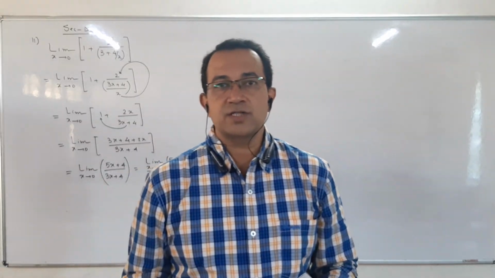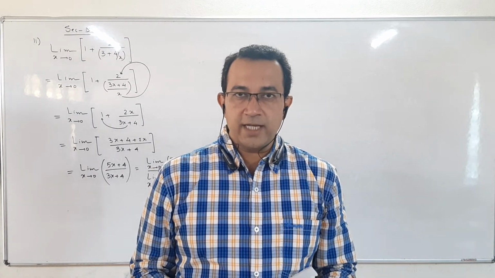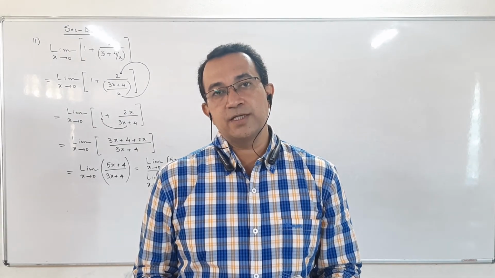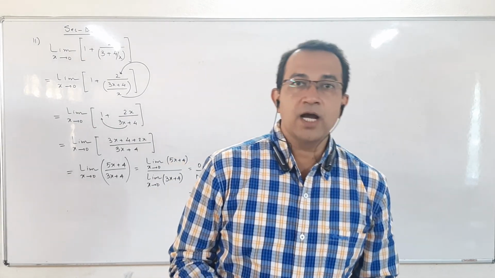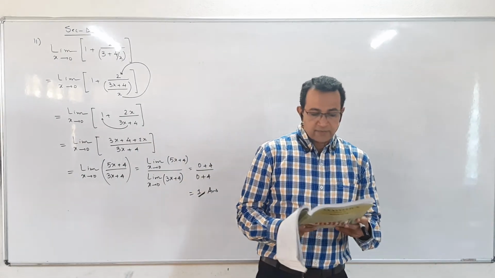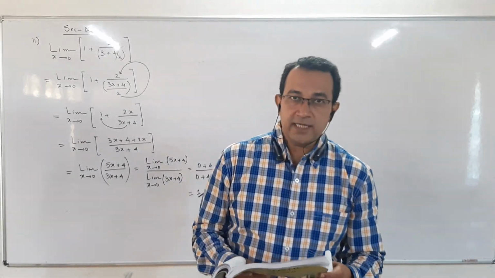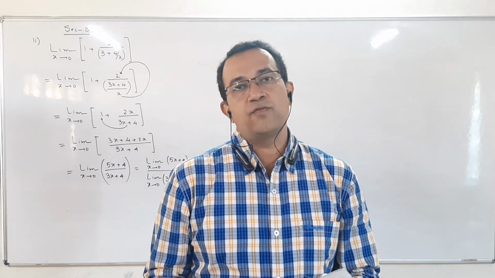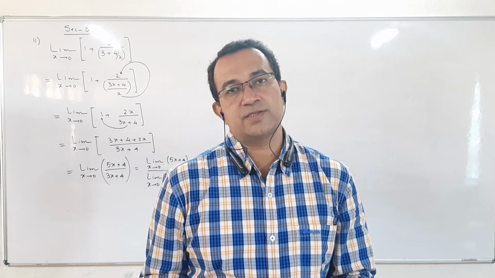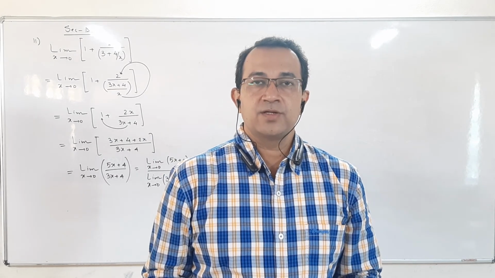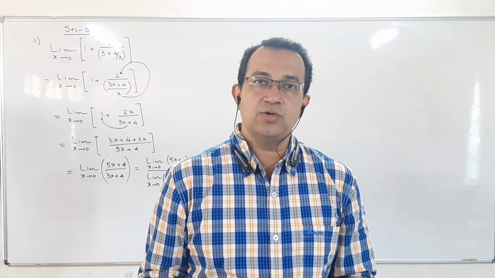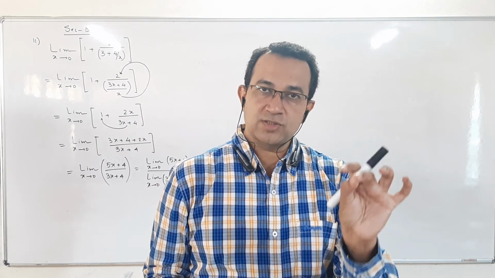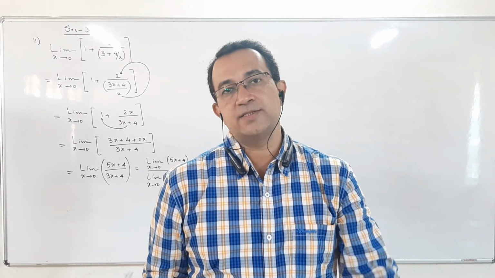The limit of the function f(x) tends to L as x tends to a if for a given predetermined epsilon greater than 0, however small, we can find a positive number delta such that mod f(x) minus L is less than epsilon for all x such that mod x minus a is less than delta. Students, if you don't understand, don't worry, simply try to memorize this definition. Epsilon is also a type of delta only, and delta is of course delta.